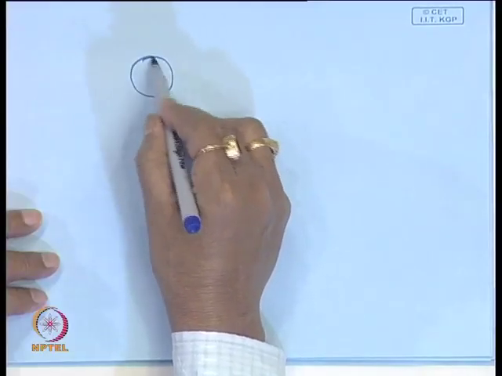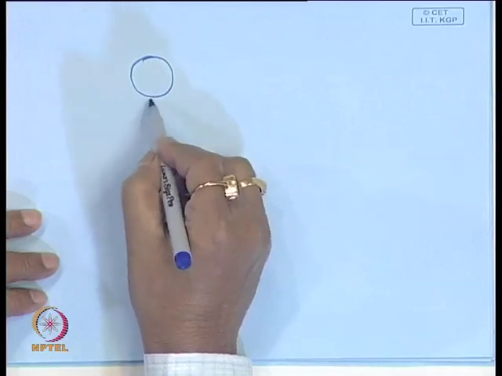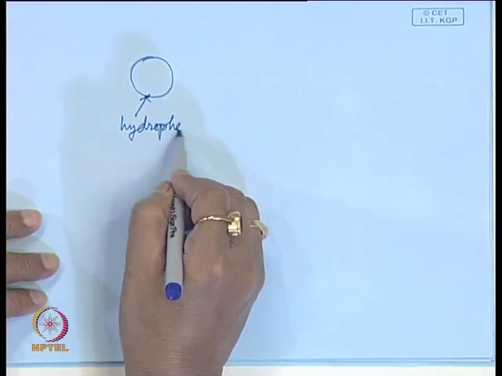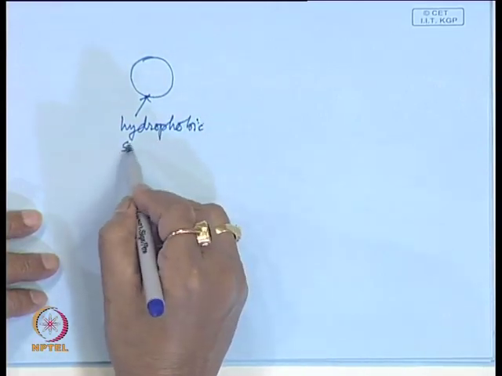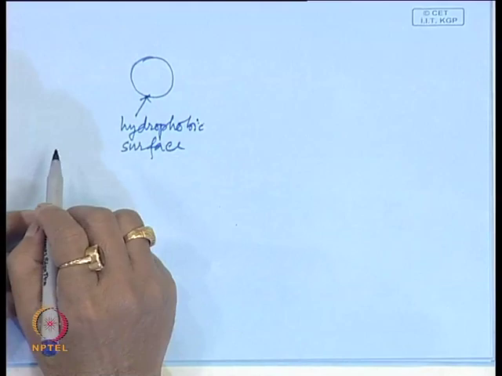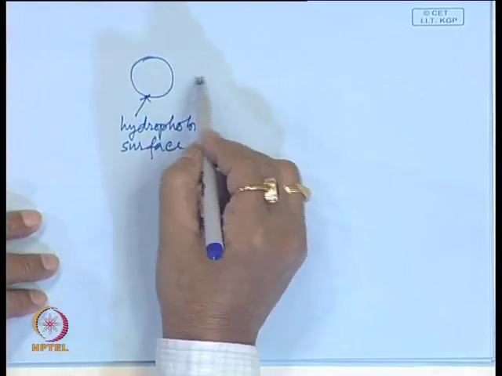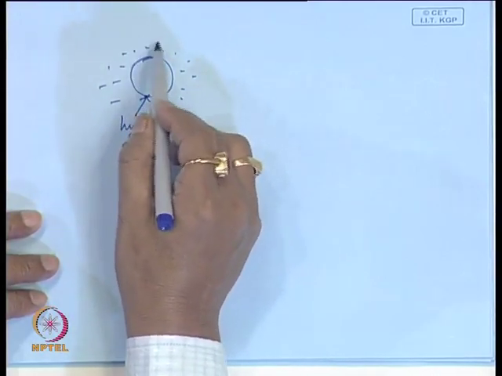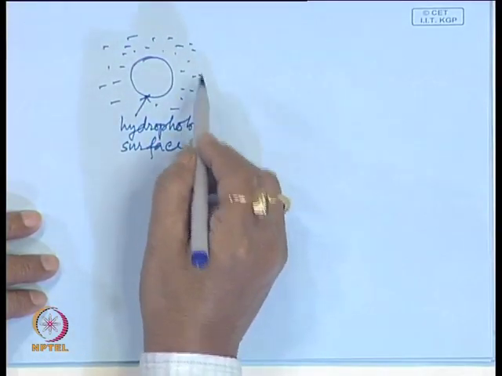Now, that can be stabilized if at the interface there is a component having both hydrophobic and hydrophilic parts, to satisfy both of the interfaces. Suppose this is a droplet, whose surface is hydrophobic, and the outside environment is hydrophilic.